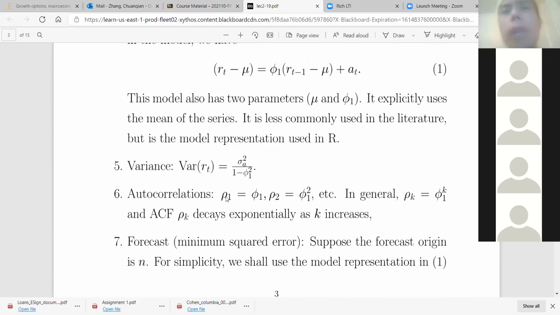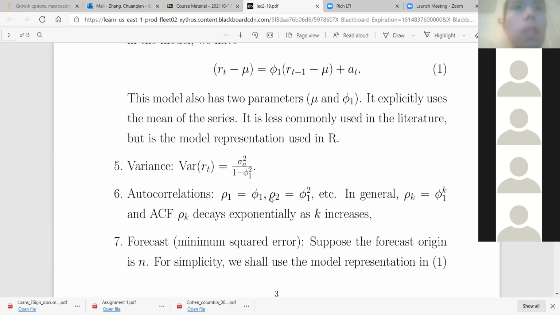It doesn't matter, it's just a Greek letter, rho1. It represents the correlation one lag behind, and next is the correlation two lags behind. Correct. Okay, I just wanted to get that. Thank you. No problem.